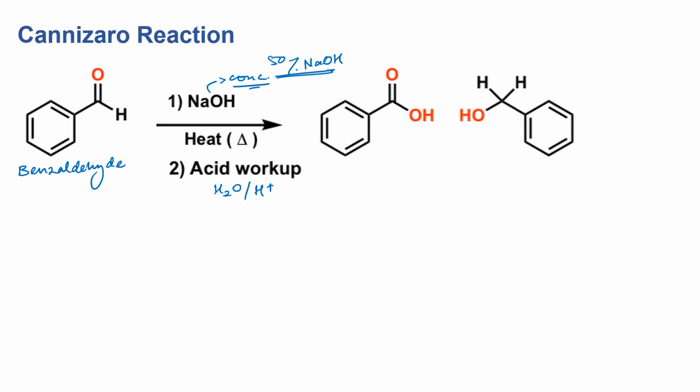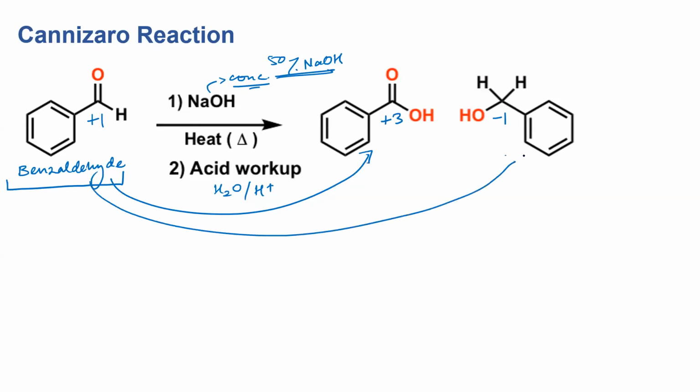Now we have benzaldehyde. This is double bond O. The oxidation state is +1. For carboxylic acid, the oxidation state is +3, and we are getting alcohol here, for which the oxidation state is -1. Is this clear? We have already seen the oxidation states. Now, what type of reaction is this, in which a molecule is getting oxidized and also reduced?